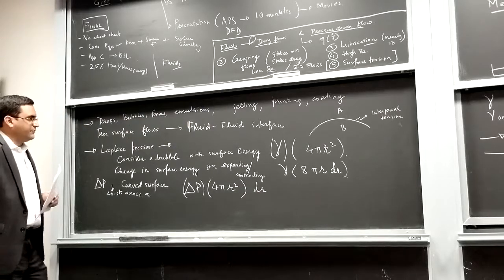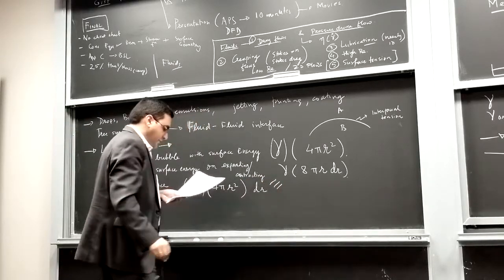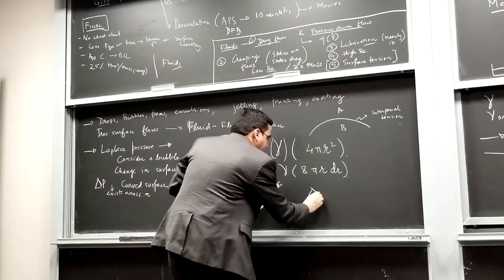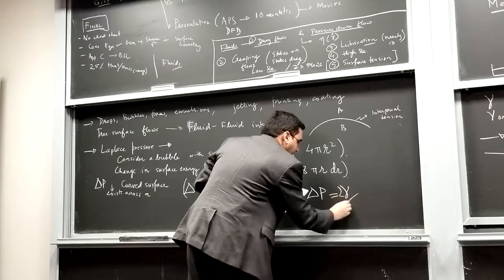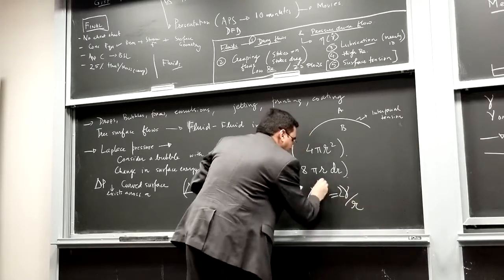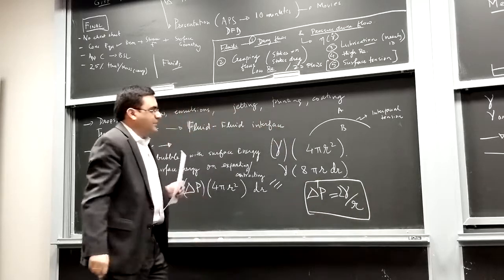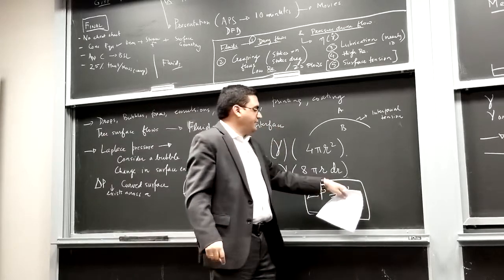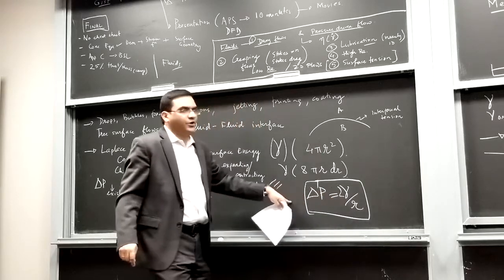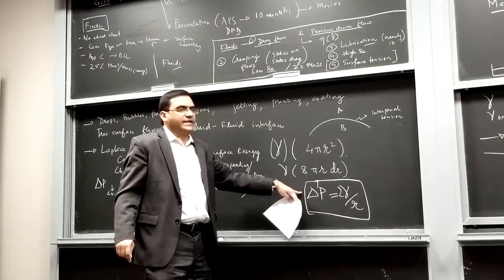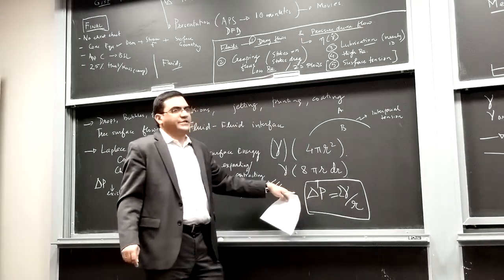If we equate these two, then you see that there is a pressure difference of 2 times surface tension divided by radius. So if you have a small bubble, it has a high pressure. If you have a large bubble, the pressure difference is smaller.